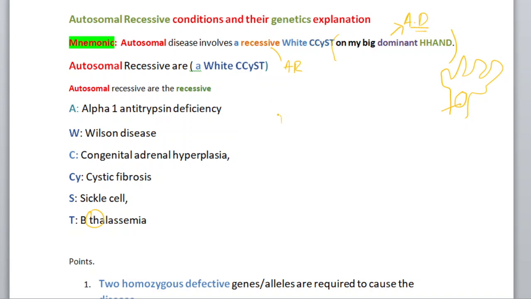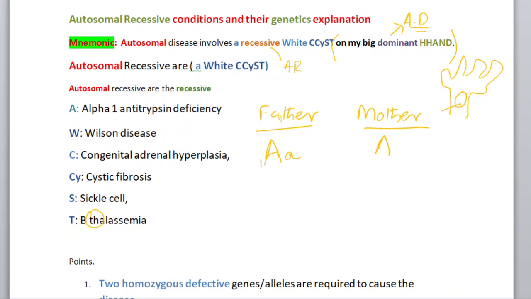Let me give you an example of a father and a mother. One condition is that they both have to be carriers. Like Aa: the capital A denotes the defective gene, and the small letter a denotes the normal gene.